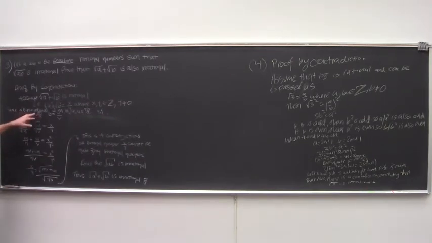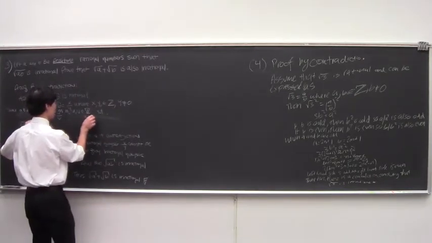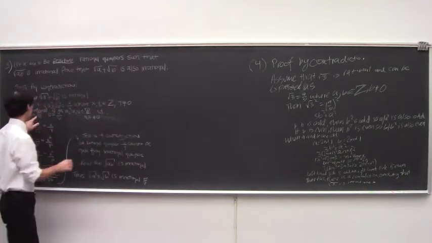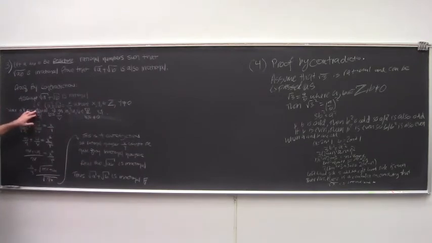One thing that is a little bit incomplete is that you do need to say that these are integers and that the denominators are non-zero. Otherwise, what's the point? Your point is that a and b are rational, and so they can be expressed as quotients of integers.